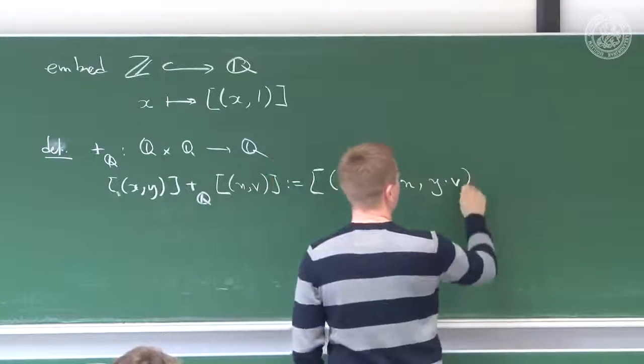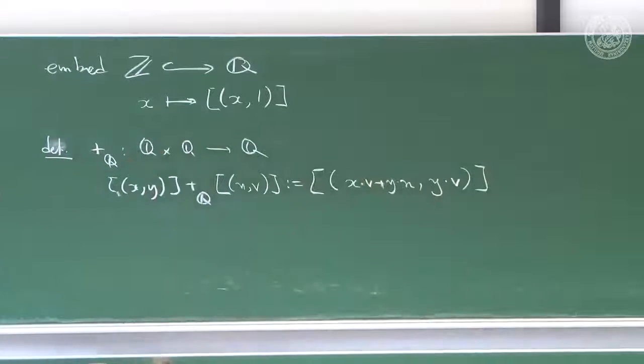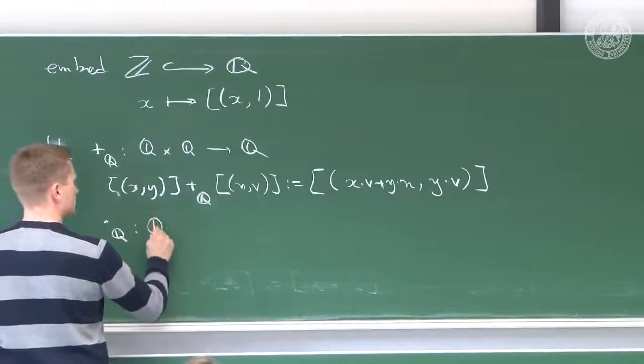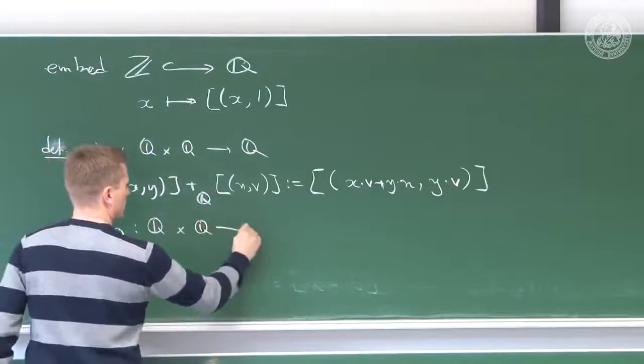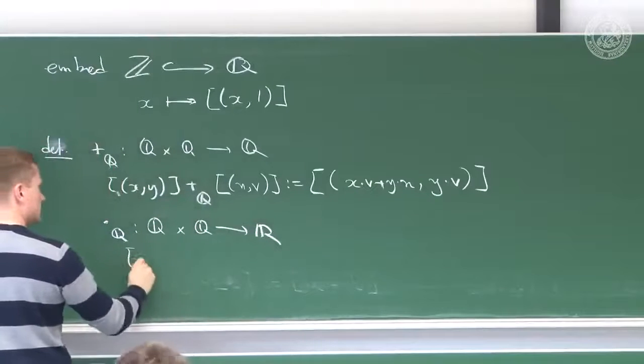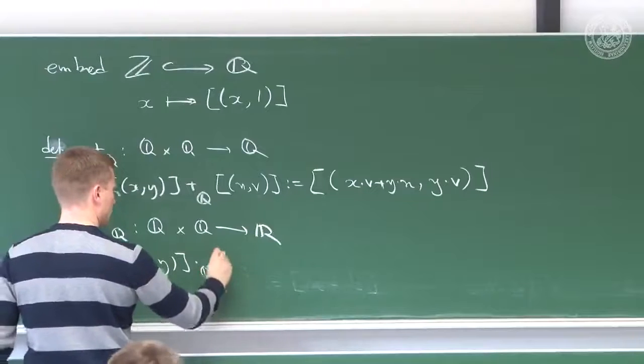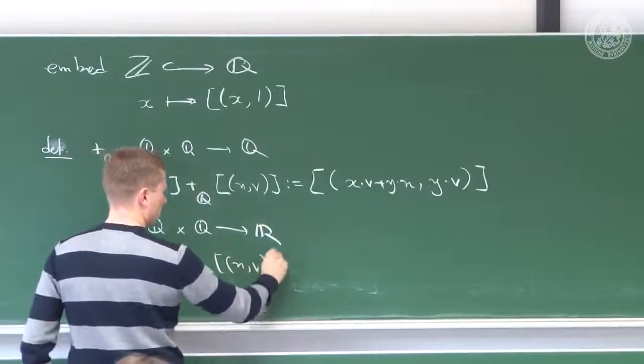Yeah, that's correct. So this is the rule given for the addition of fractions, and the rule for multiplication of fractions, that's the simple one. That's (x,y) multiplied in Q with (u,v).